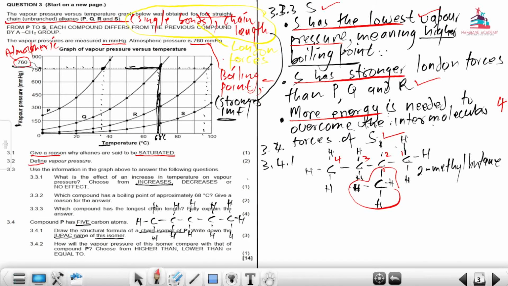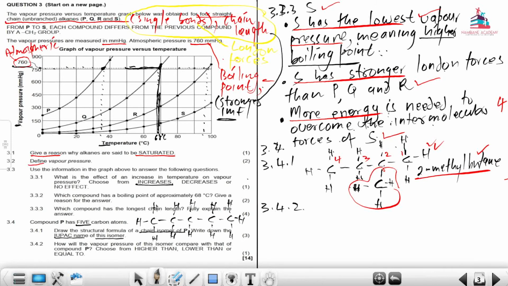So I will get 2 marks for the structure and 1 mark for the IUPAC name, which gives me 3. There's another option of making a double branch, which is still allowed, but I always try to give myself an easy way out. Just ensure that you have the correct number of hydrogens and the correct number of carbons, then you should be fine.